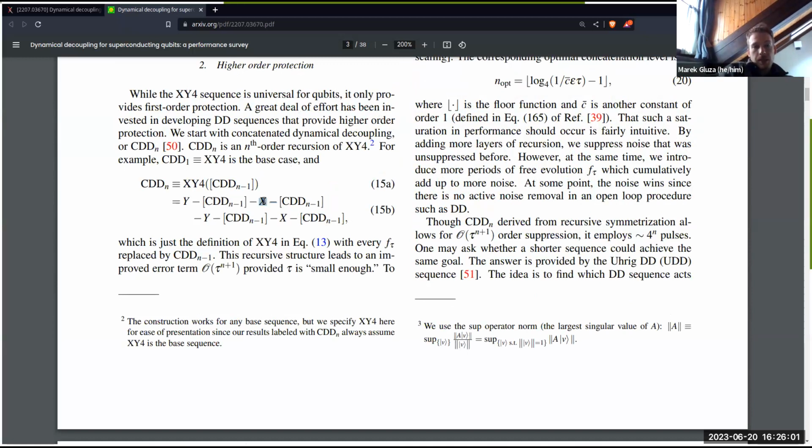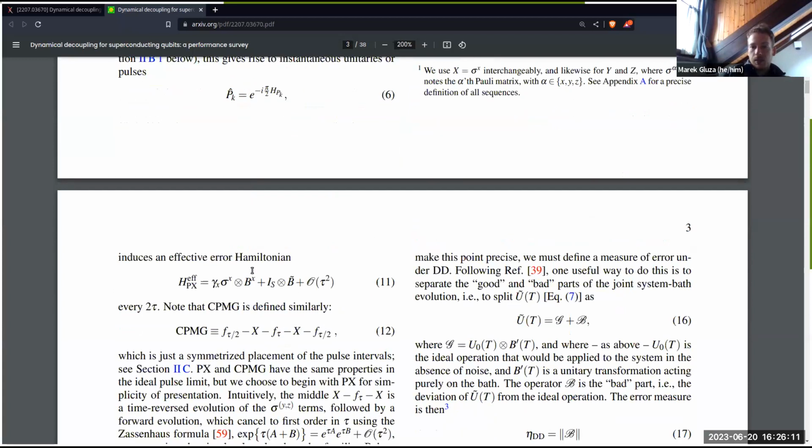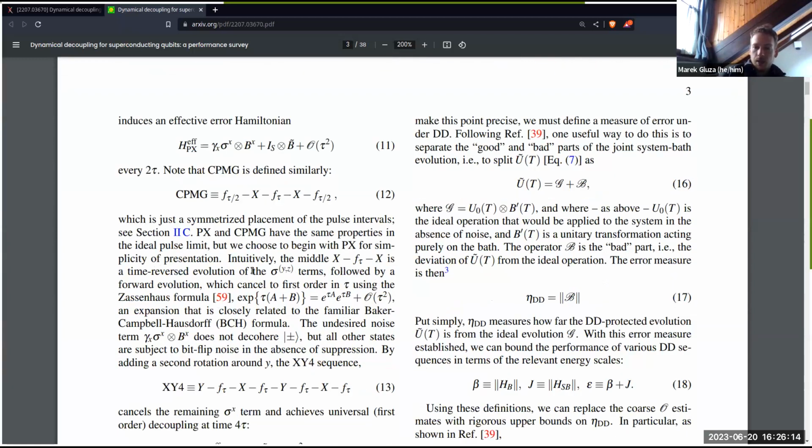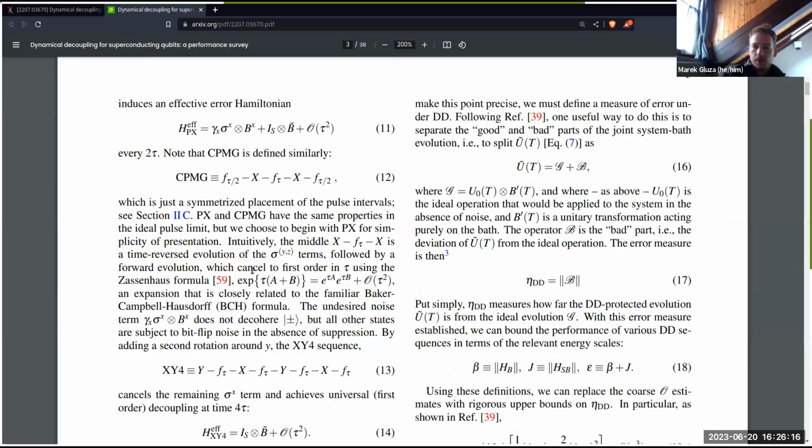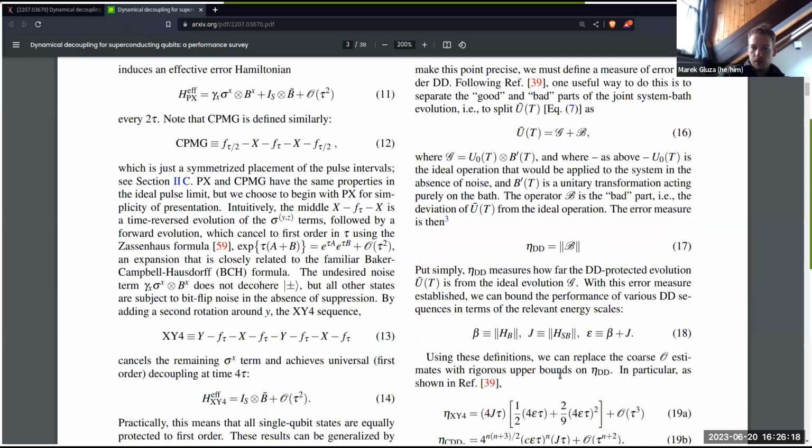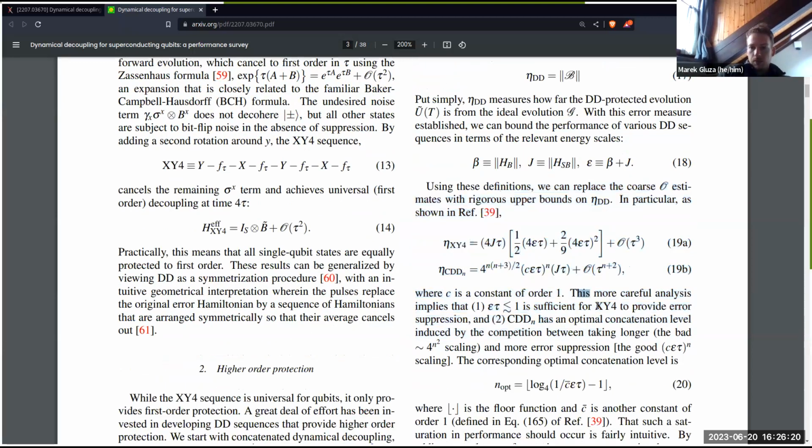So you do some X and Y pulses, and you do this previous CDD there. And the point is that it will improve your error. But the next section will be nicely explaining that there will be some cutoff how well you can do it, and there will be some competition of errors. This more careful analysis implies that if epsilon tau is small, it is sufficient to provide error suppression.